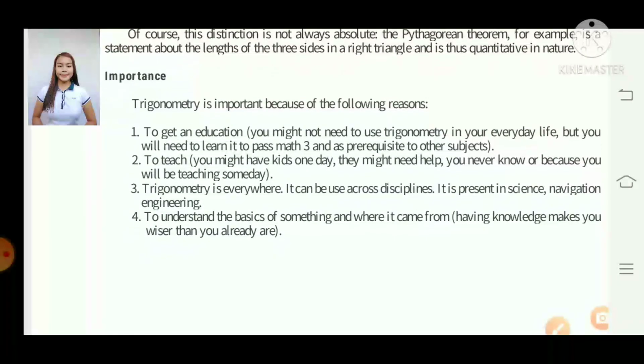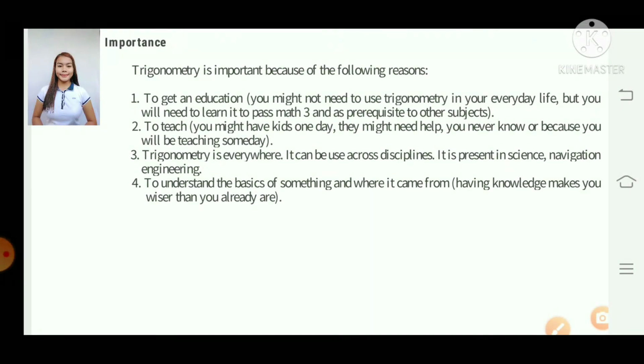And what is the importance of trigonometry? Trigonometry is important because, in getting an education, you might not need to use trigonometry in your everyday life, but you will need to learn it to pass Math 3 and as a prerequisite to other subjects.